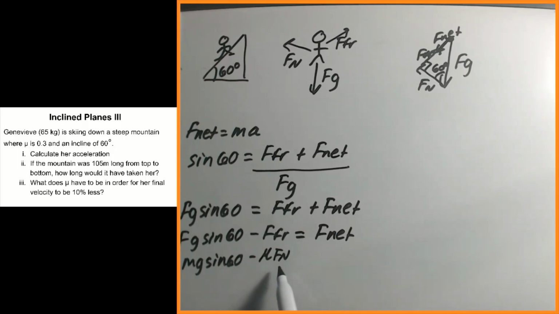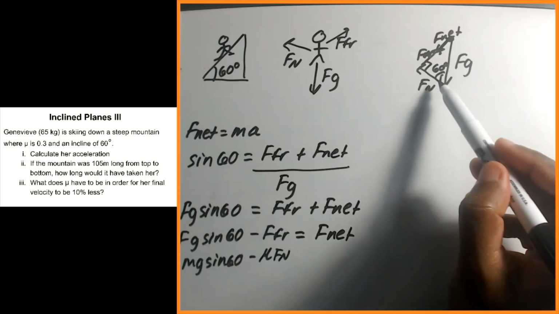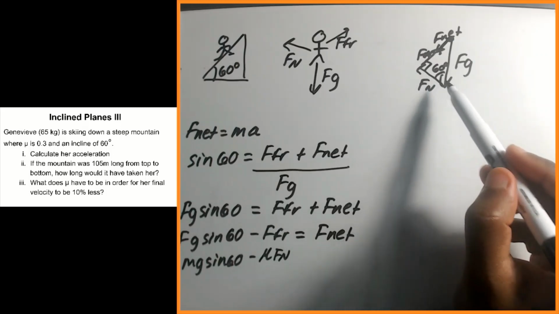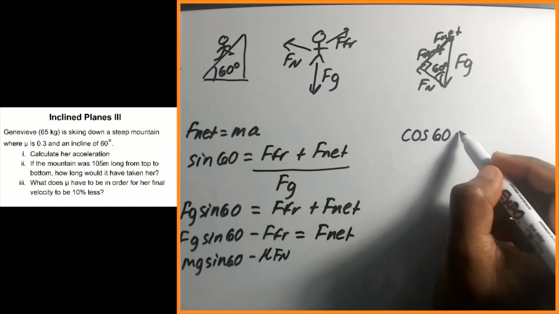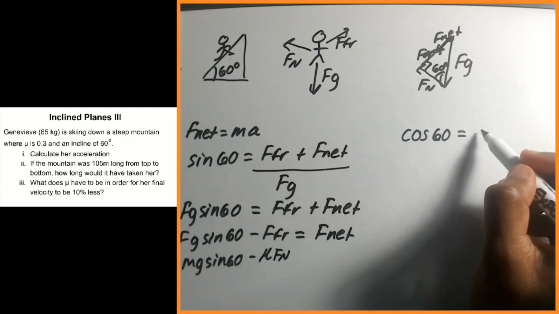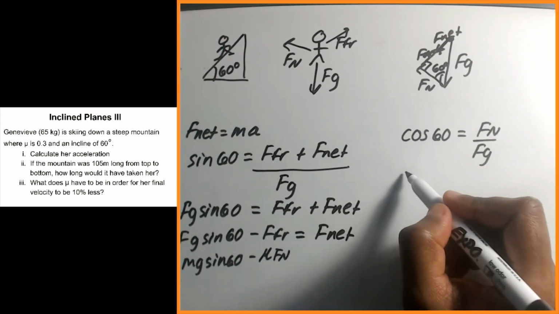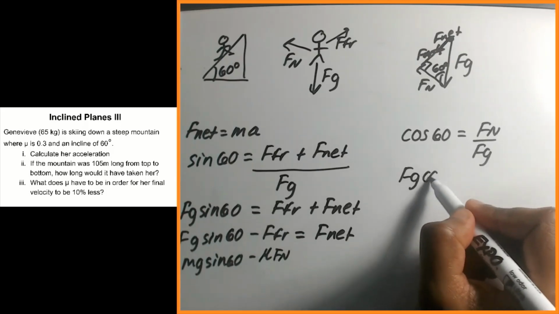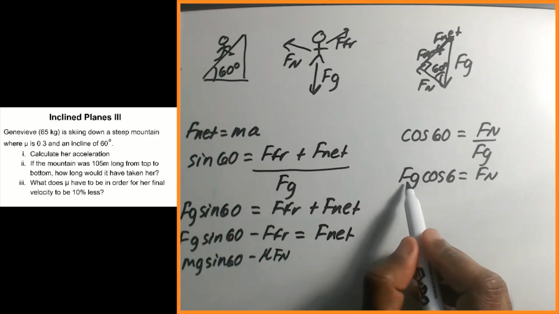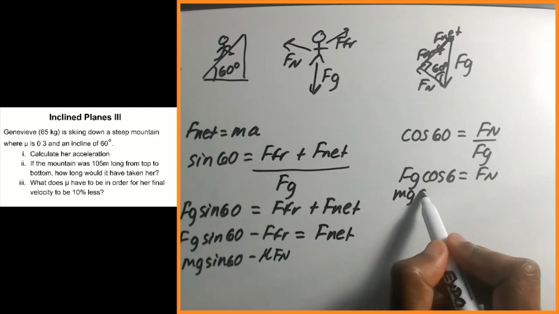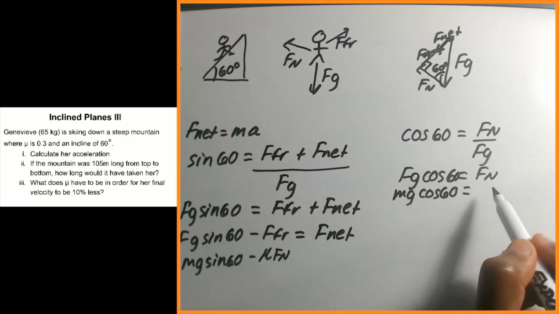We don't know what Fn is, but remember we can still use one of the trig properties. Fn is adjacent to this angle, so we can write cos of 60 is equal to Fn over Fg, and we just move that over, so Fg cos 60 is equal to Fn, and this is just mg cos 60 is equal to Fn.